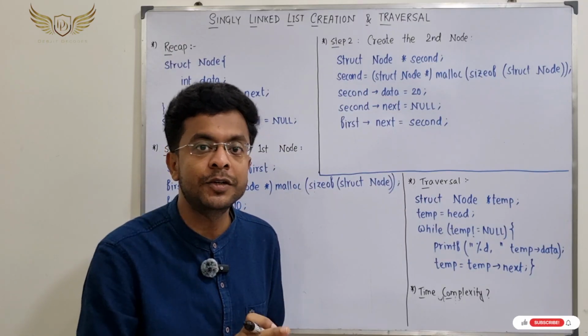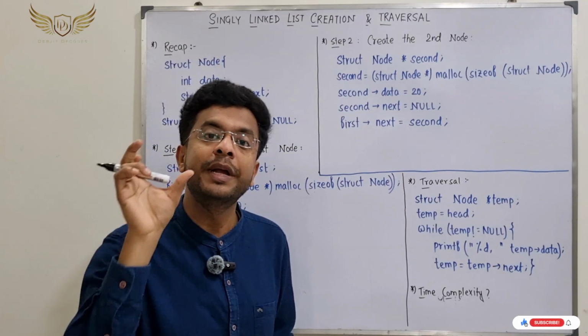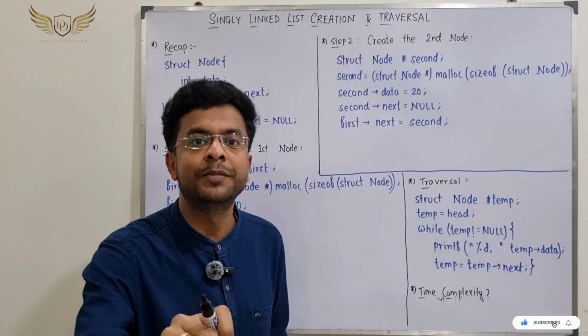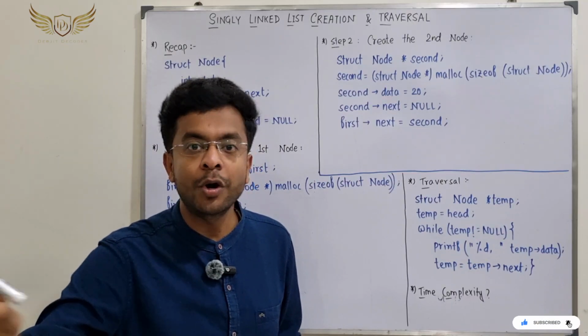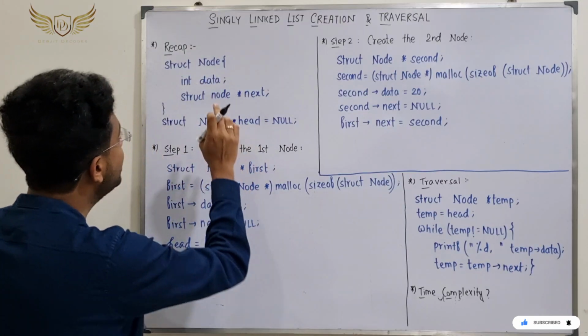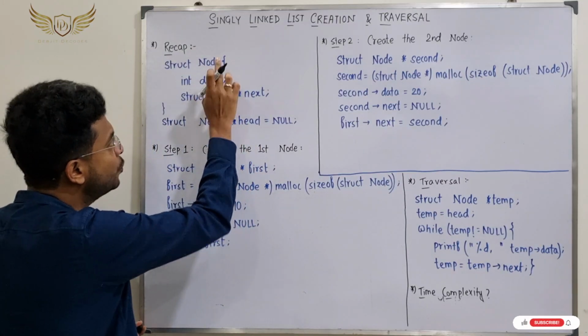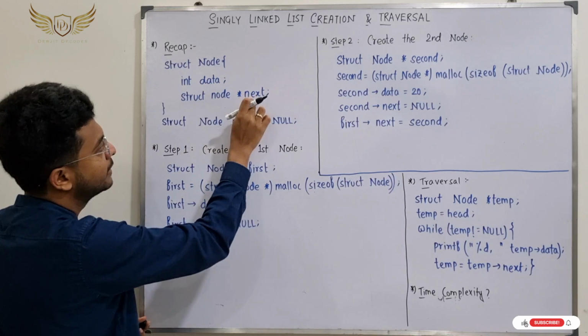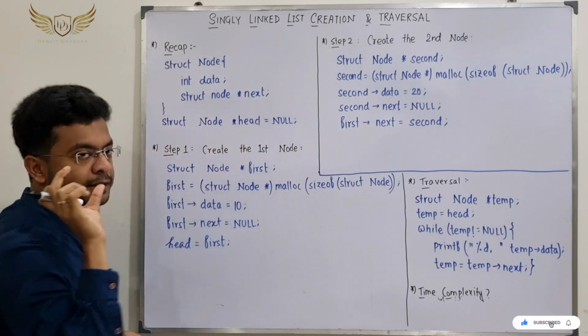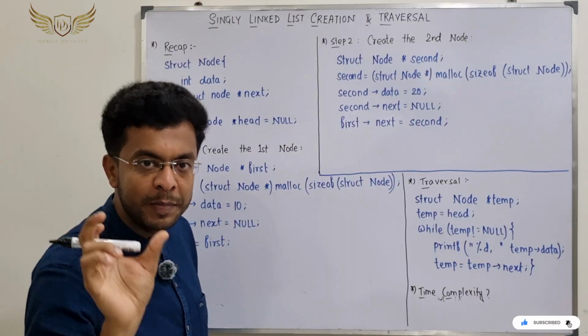This is the advantage of a linked list over an array. So inside one node, we need to store the address of the next node. Not only the value, but we need to store the address as well. That's why this node will have two parts: one is the data part, another is the pointer part. So what this structure of the node is saying is that this single node will have two parts.